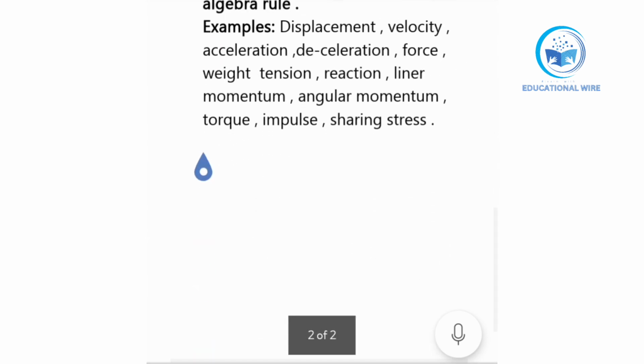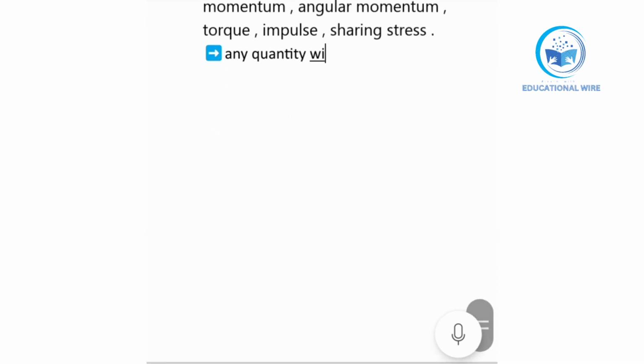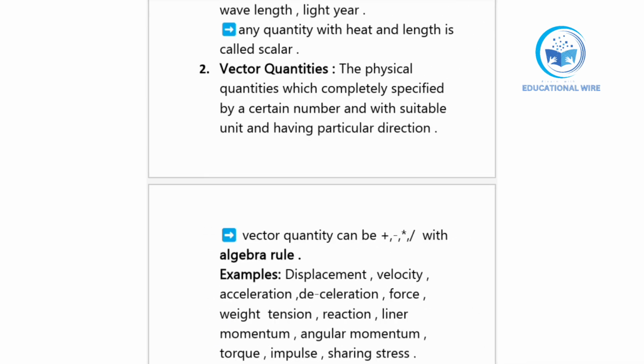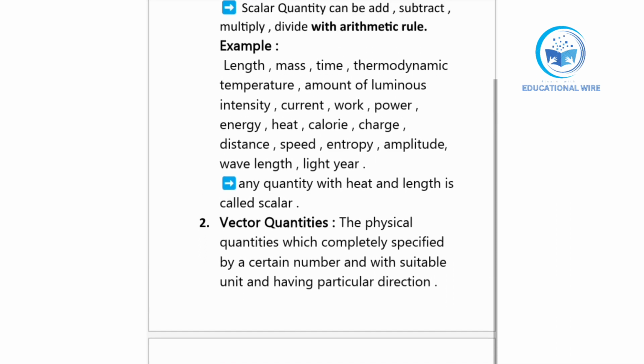And any quantity with force and acceleration is called vector quantity. Hope you have understood that any quantity with force and acceleration is vector quantity, and any quantity with heat and length is a scalar quantity.